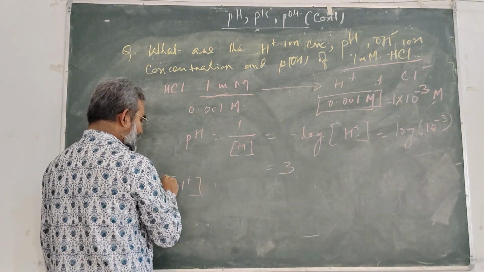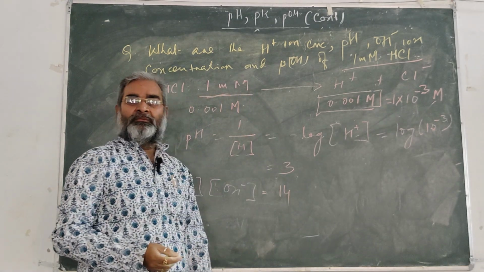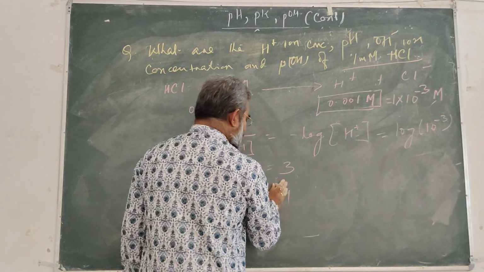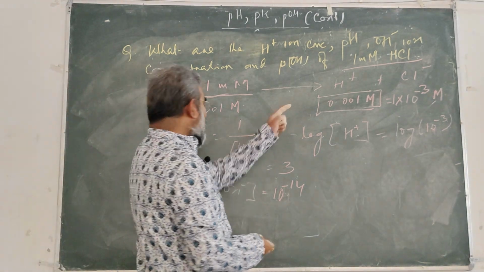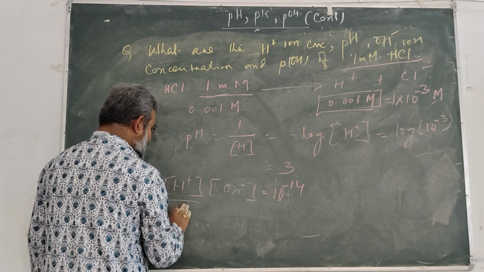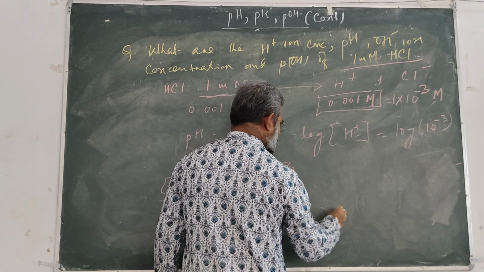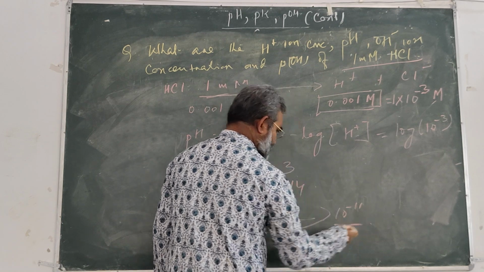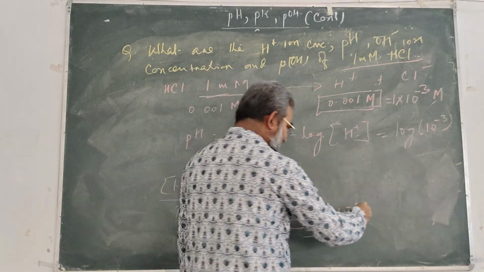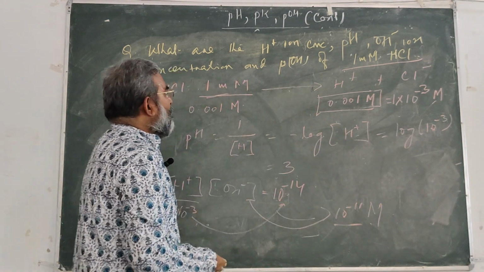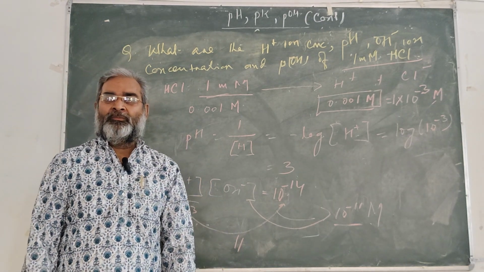H plus times OH minus, that is 14. Or the value is 10 to the power minus 14. And the value of H plus is 10 to the power minus 3. That means the value of OH is 10 to the power minus 11 M. And what is the pOH? Only 11. Clear? No problem?